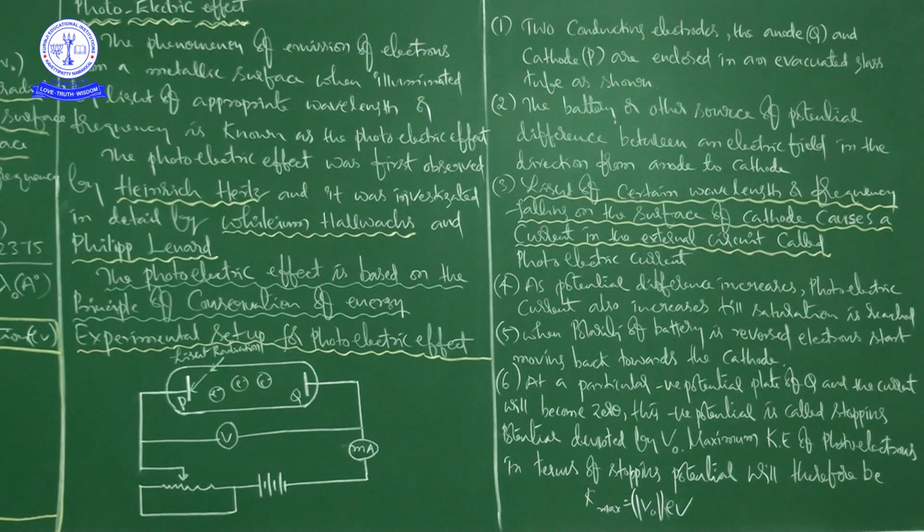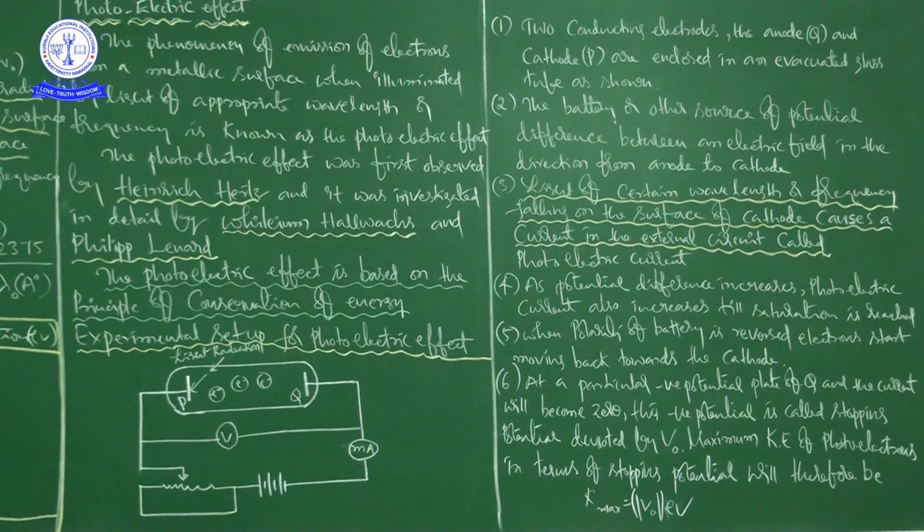On this cathode the electromagnetic radiation, the light, is incident, and from it emission of electrons takes place. This is the cathode ray tube, and a vacuum is present inside the tube.